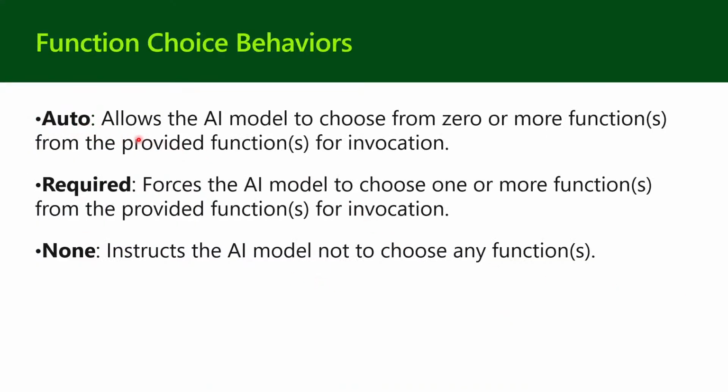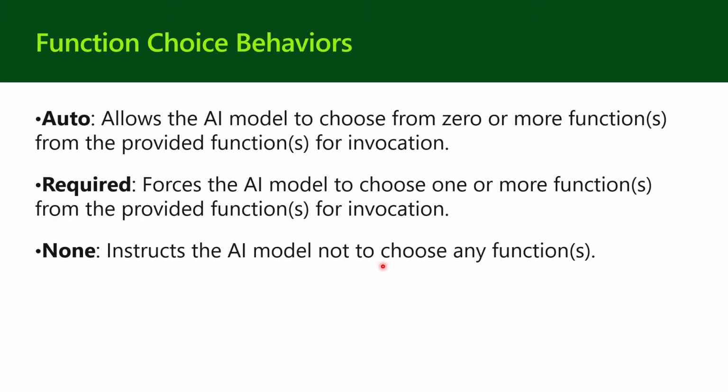The first one is auto, which allows the AI model to choose from zero or more functions from the provided functions for invocation. The second one is required, which forces the AI model to choose one or more functions from the provided functions for invocation. I will explain why we need this required. And none instructs the AI model not to choose any functions. Again, there is a specific case to choose that one.